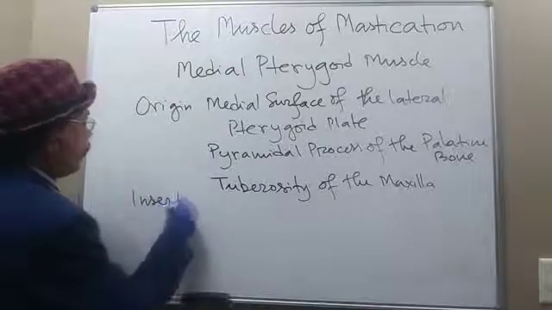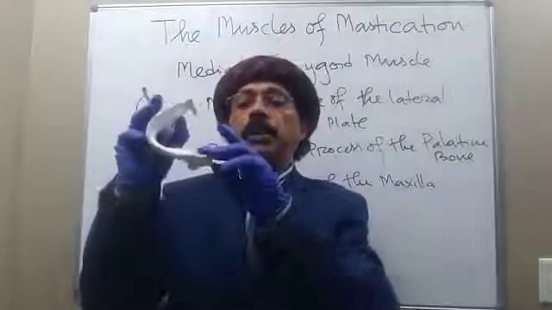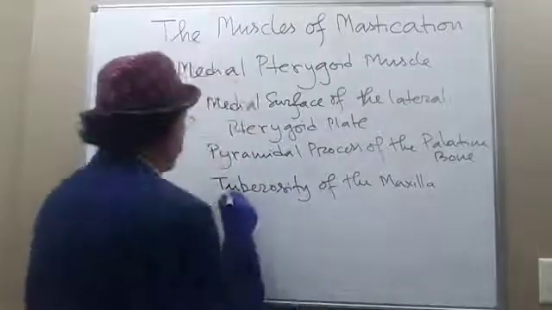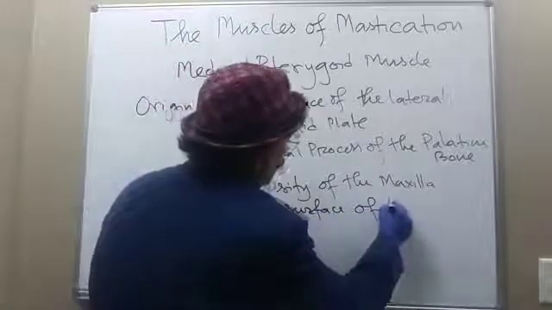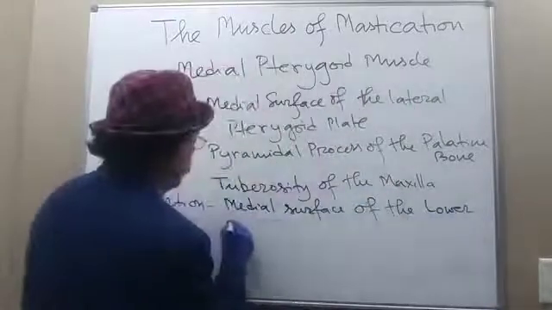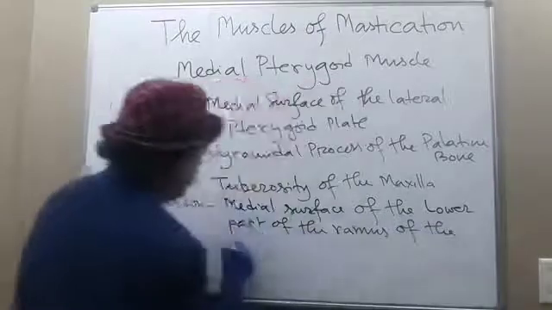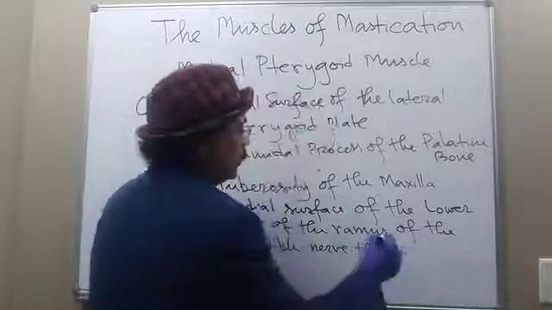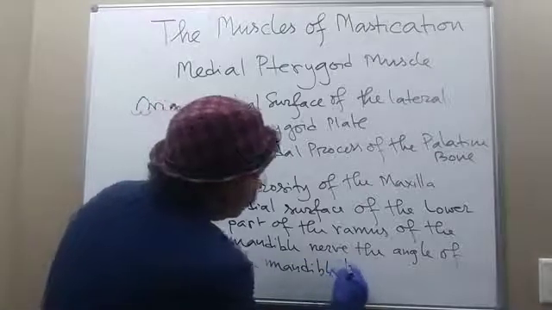Insertion of the medial pterygoid is to the medial surface of the lower part of the ramus of the mandible, near the angle of the mandible and below the mandibular foramen.